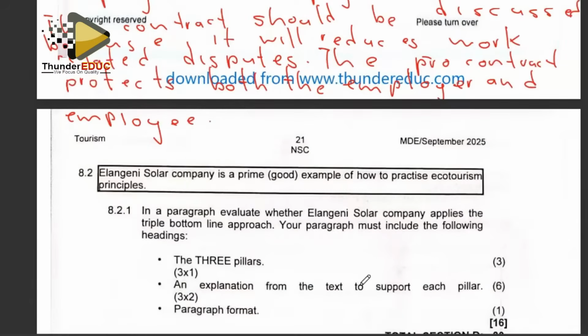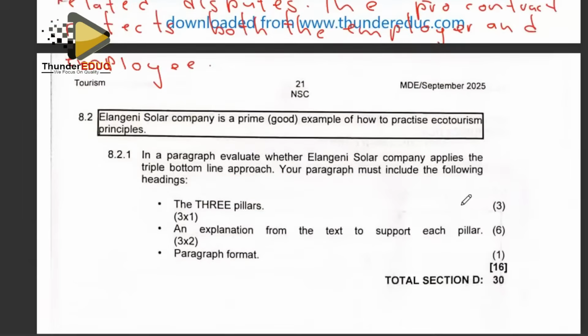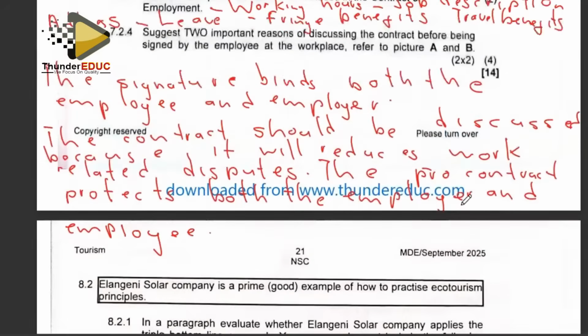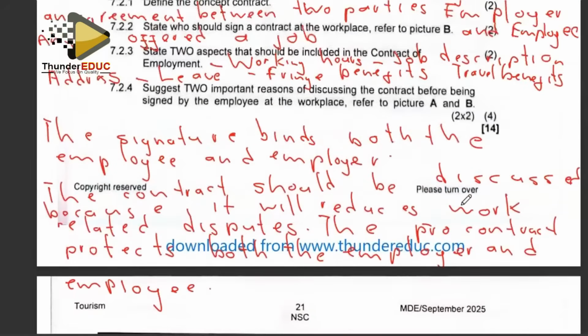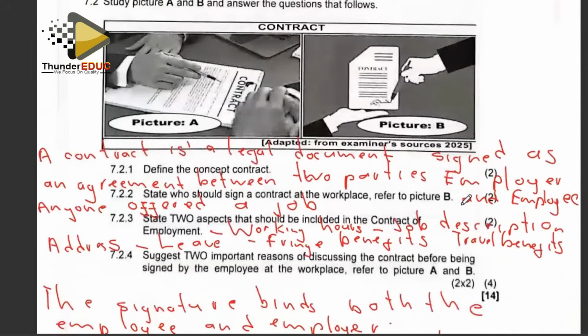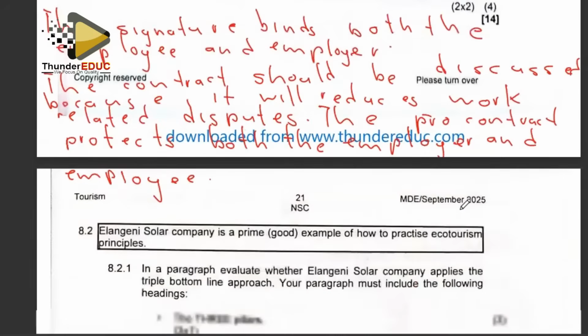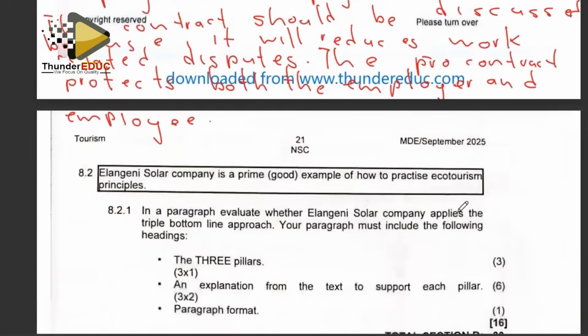Elangeni Solar Company is a prime example of how to practice ecotourism principles. In a paragraph, evaluate whether Elangeni Solar Company applies the triple bottom line approach. Okay.